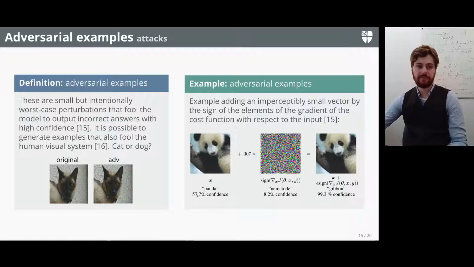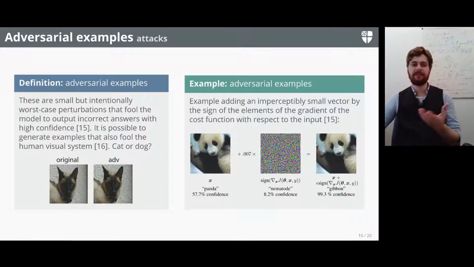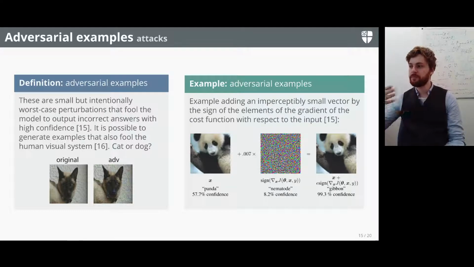So if the model says this is a panda with 57.7% confidence, then this is actually the result of that tiny change, and visually we can't see the change, but this makes the network 99.3% confident that it's a different class. So there's various strategies based on this idea. Instead of doing one gradient step, you can do multiple gradient steps.